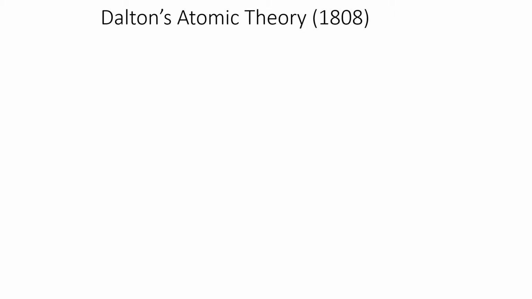So long before a man named John Dalton proposed atomic theory in 1808, Democritus, a Greek philosopher from the 5th century BC, somewhere between 460 BC and 370 BC, was the first to suggest that matter was composed of indivisible particles.